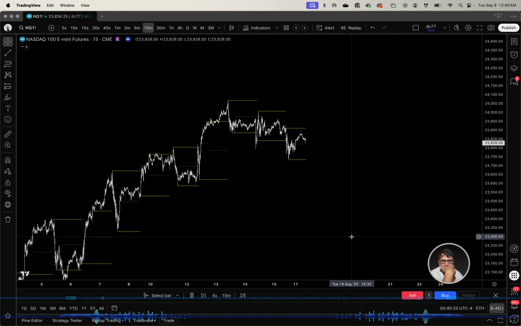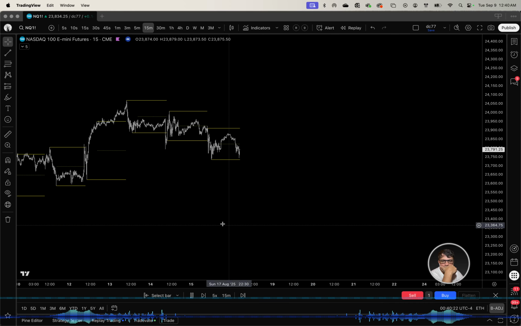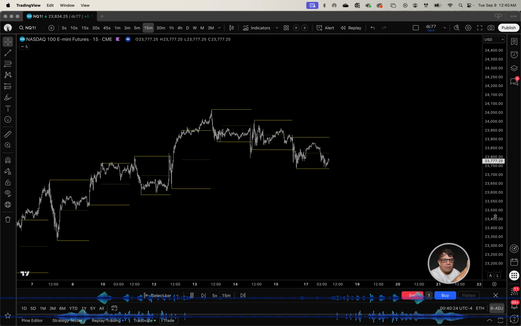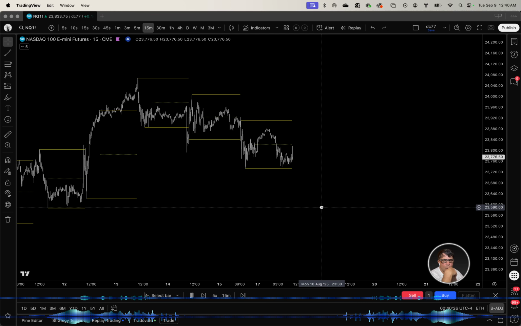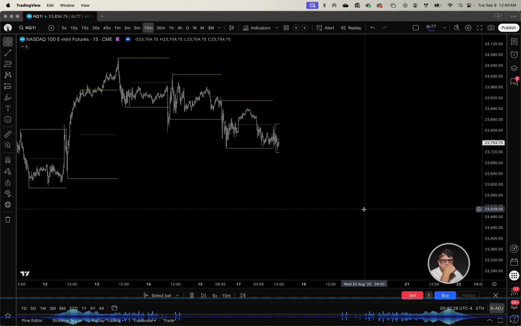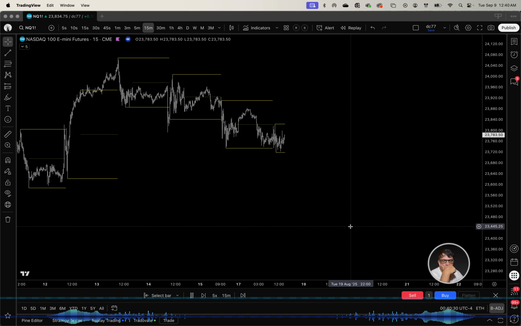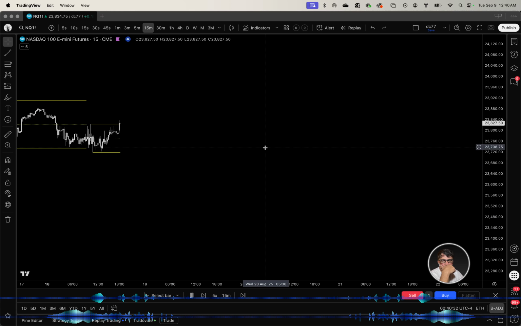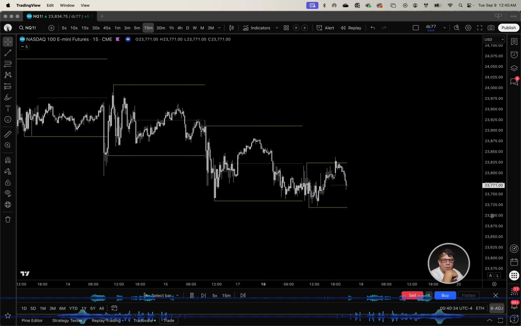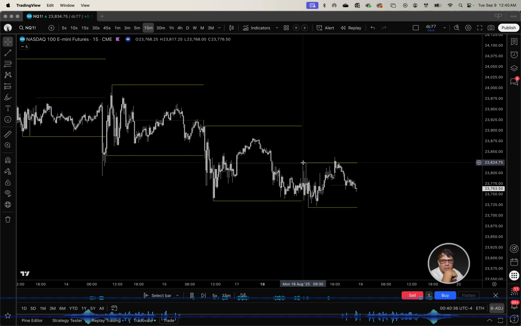Let's go 5x. Because these lines represent the day before. And notice how price will just go for those almost to the tick.